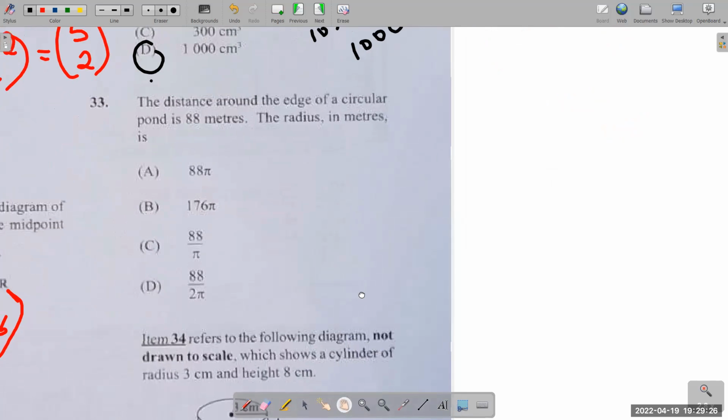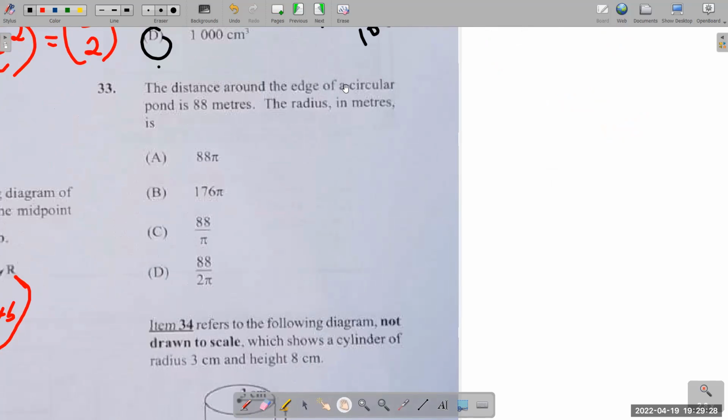Let's keep it moving. The distance around the edge of a circular pond is 88 meters. The radius in diameters is, what do we call the distance around a pond? What is the name of the edge of a circle going all the way around?